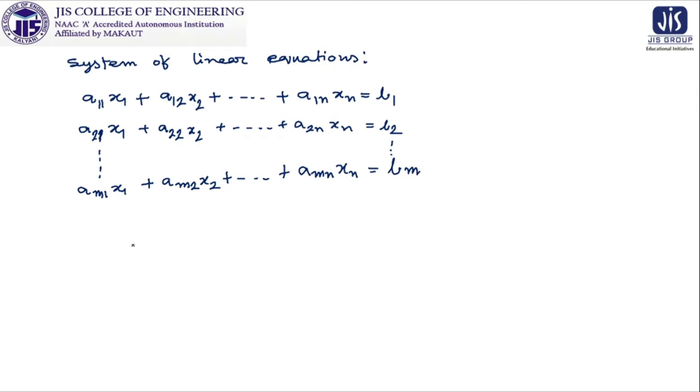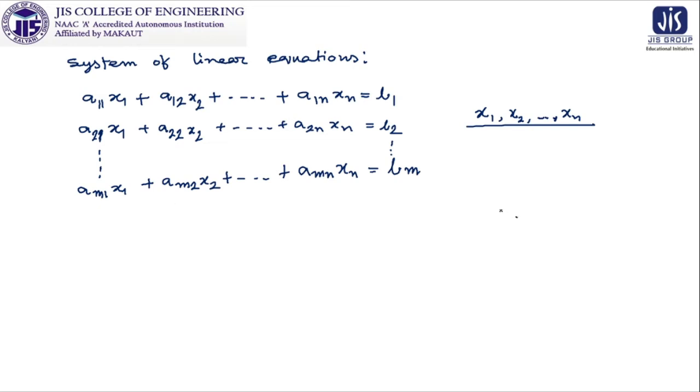Now here, x1, x2 up to xn are our unknowns, and we are trying to find the values of x1, x2 up to xn such that if we substitute them in this system of linear equations, it will be satisfying this system. That means the right hand side terms b1, b2, b3 up to bm will be achieved.